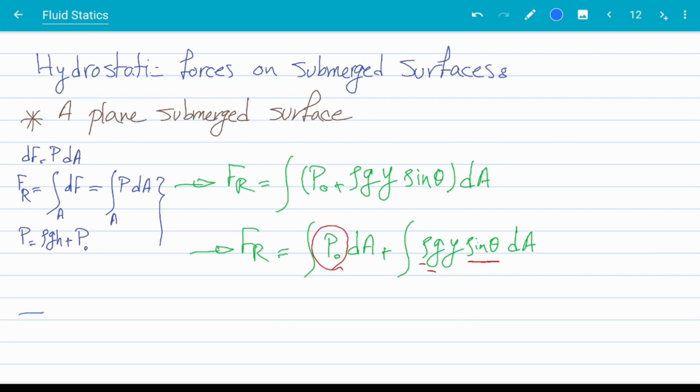With that in mind, I can say that the total force is P0 times the area of the flat surface plus rho g sine theta integral of y dA. Now, integral of y dA over any surface, any area, is an interesting integral.